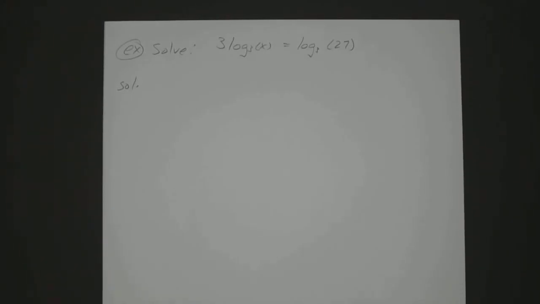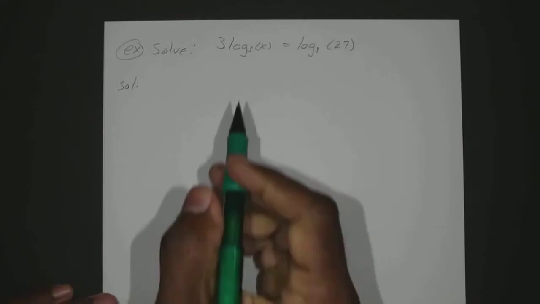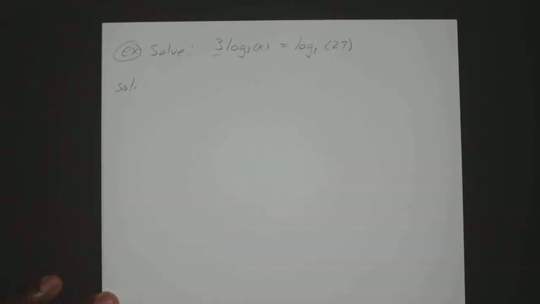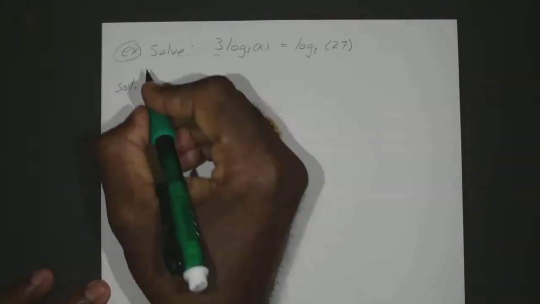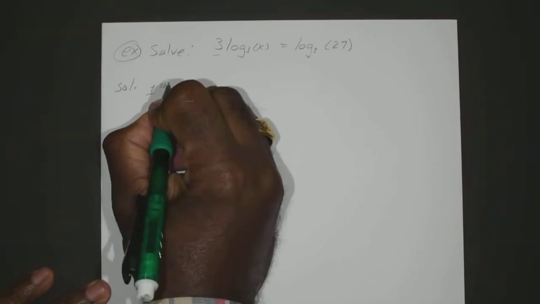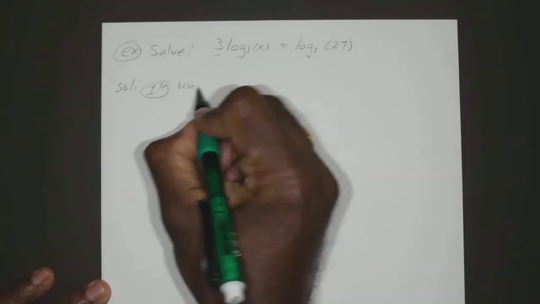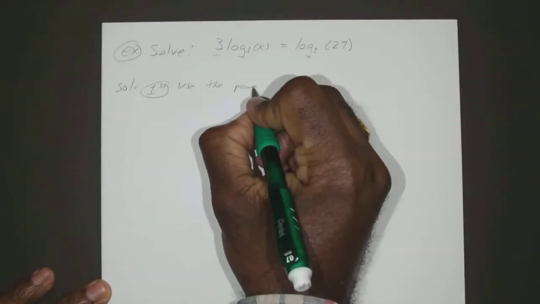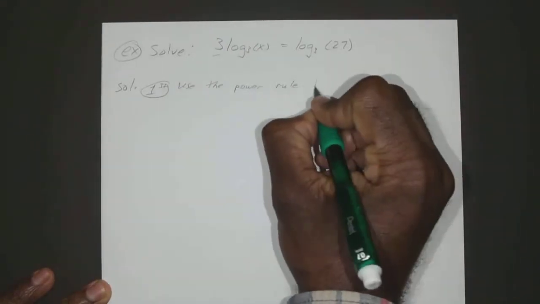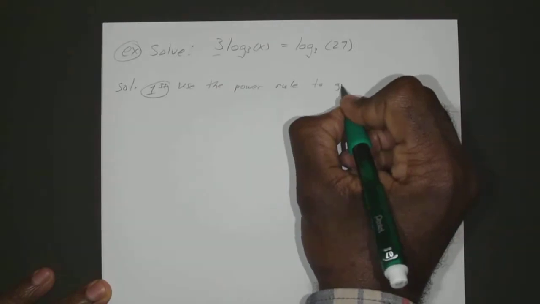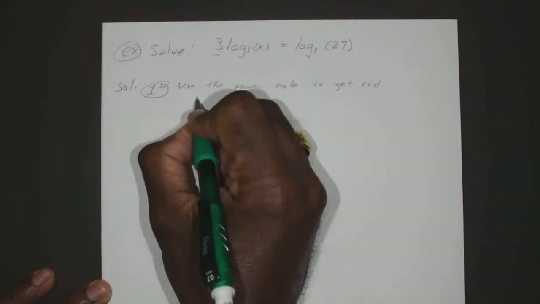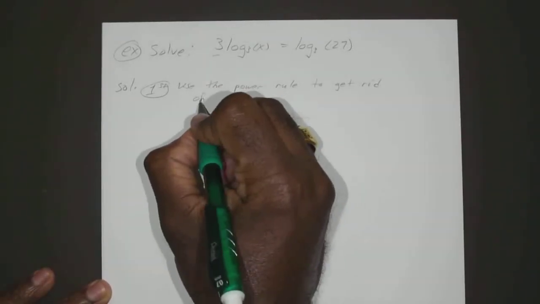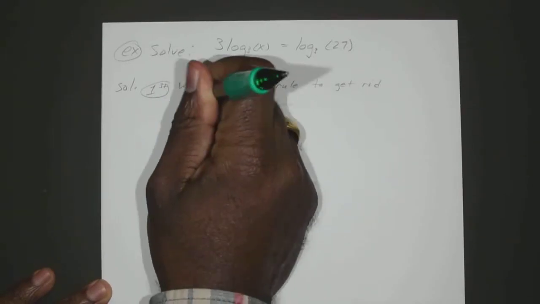Here you have a log function equals a log function, so you can combine those. The only thing is you have to get rid of the coefficient first. So first, use the power rule for logarithms to get rid of any coefficients.